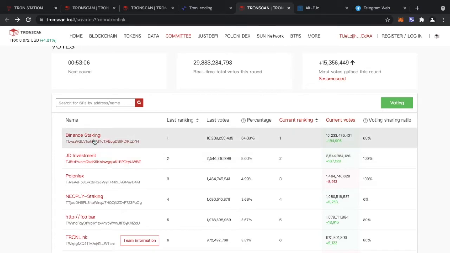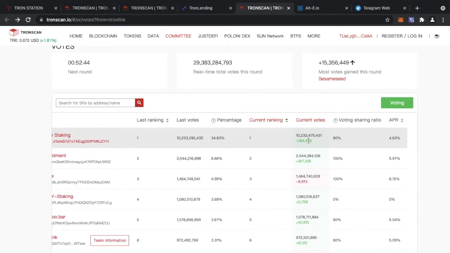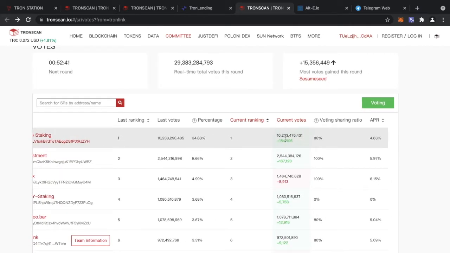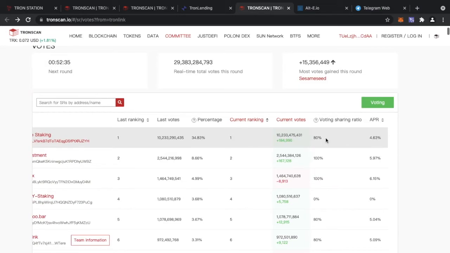So, for example, let's just look at Binance staking. Obviously, they're going to have the most Tron because anyone that has Tron in their Binance spot wallet is going to give it to Binance, and Binance will go ahead and freeze a portion of it. They currently have 34.8% of the total Tron votes. They're the current rank number 1. They've got a lot of votes, something in excess of, I don't know, 10 billion votes, or 100 billion, 100 million, sorry.